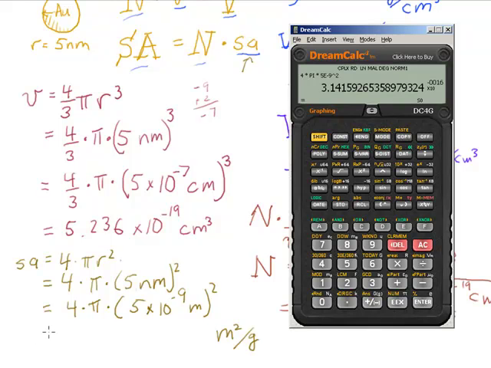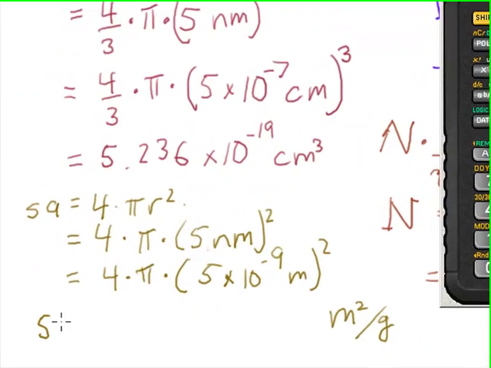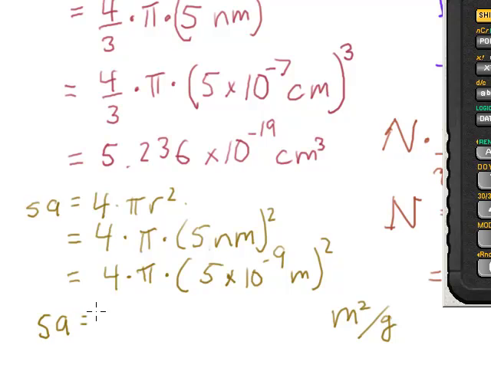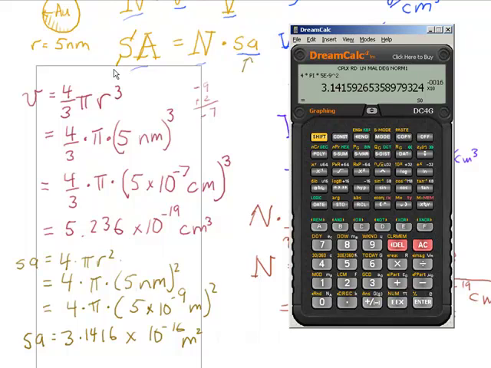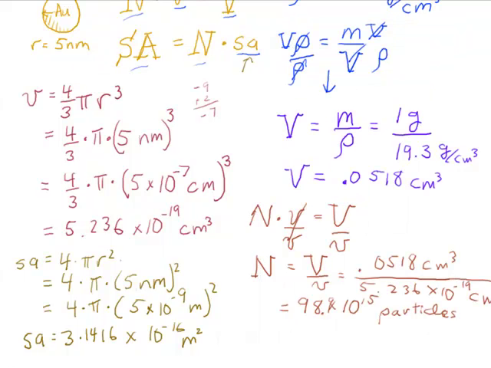And so, sort of interesting, it comes out as pi, and so the small surface area is equal to 3.1416 times 10 to the minus 16 meters squared. Now I'm not done with this yet. I'm going to erase this for now, move that over and give myself a little more room for this problem.